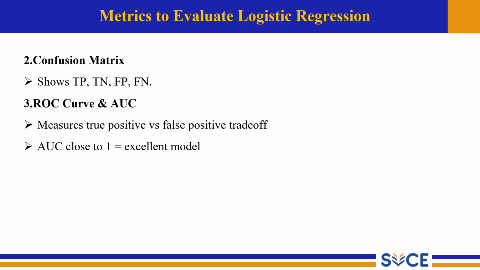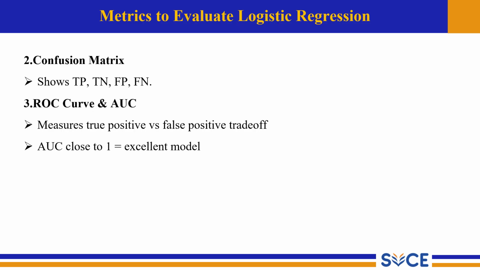True positive means correctly predicted positives, true negative means correctly predicted negatives, false positive means predicted positive but actually negative, and false negative means predicted negative but actually positive. So this matrix helps us understand not just how often the model is correct, but where it makes mistakes.